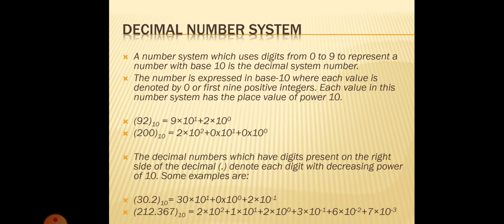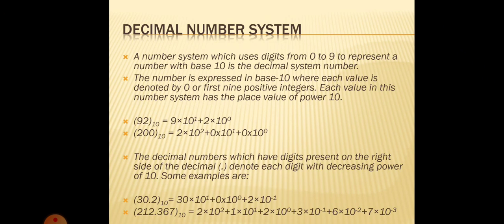Now we know that decimal number systems are again represented sometimes in point format. We are using decimal point. So there are two examples also shown here. The decimal numbers which have digits present on the right side of the decimal point denote each digit with decreasing power of 10.